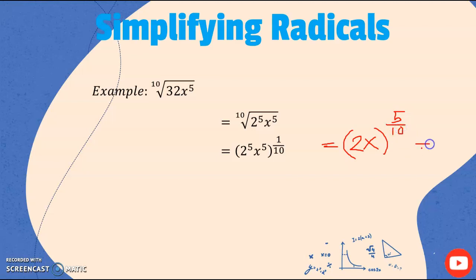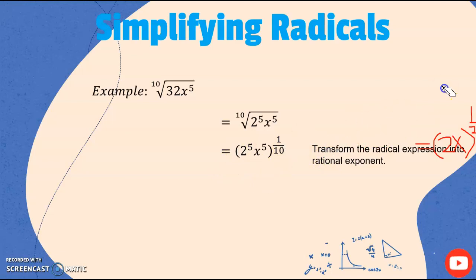And then just simplify, 2x to the power of 1/2. You can either do this part or you can use this part. That's the case if they have the same exponent, because there are times they don't have the same exponent. Just take note of that.